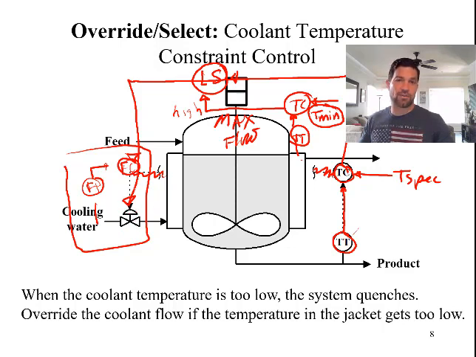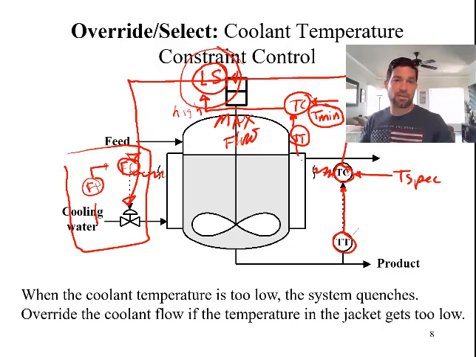If we have air to open or air to close, where maybe we decrease the signal in order to open the valve, or we increase the signal to close the valve, or vice versa, the design of this select controller can change. Okay, I'm not going to discuss that here, but I'm going to give you a hint.